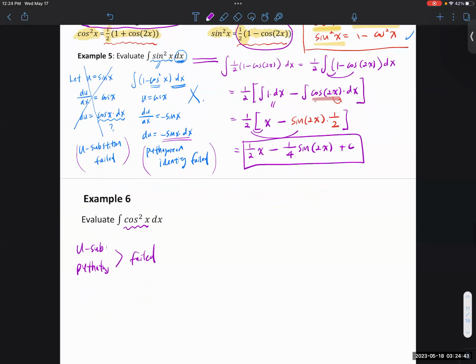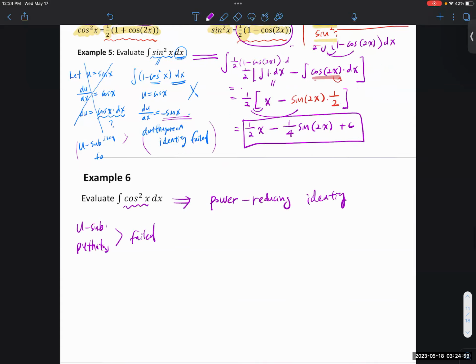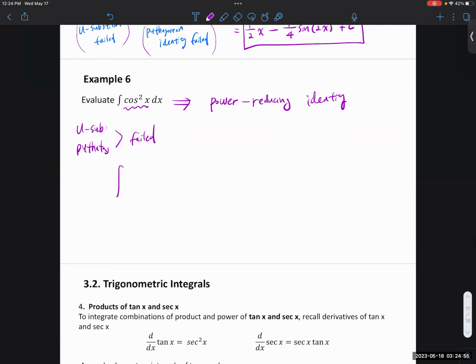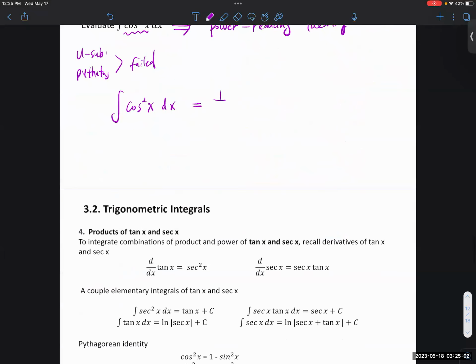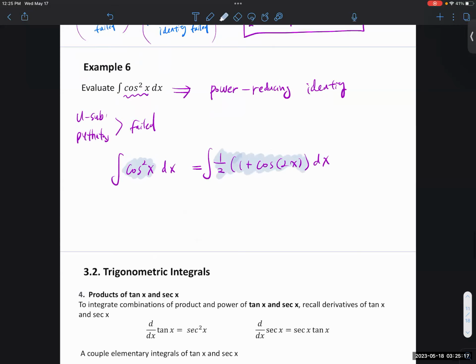So instead of using those methods, I'm going to use the power reducing identity, because the integral of cosine squared x dx is the same as 1 over 2 integral of 1 plus cosine 2x.